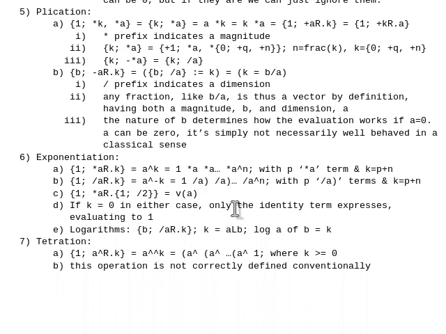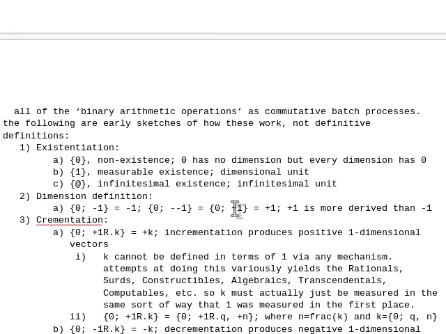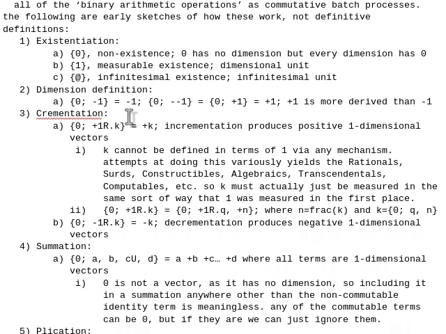I wanted to derive all of those from the language itself. So I realized the easiest way to do that was to drop in a step between existentiation and incrementation where we take the measurable existence or the dimensional unit and we actually compose it with non-existence in such a way that we get a specified direction. So basically we're establishing our working dimension.